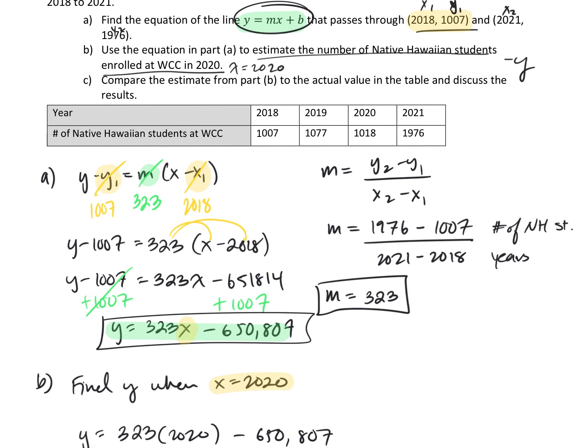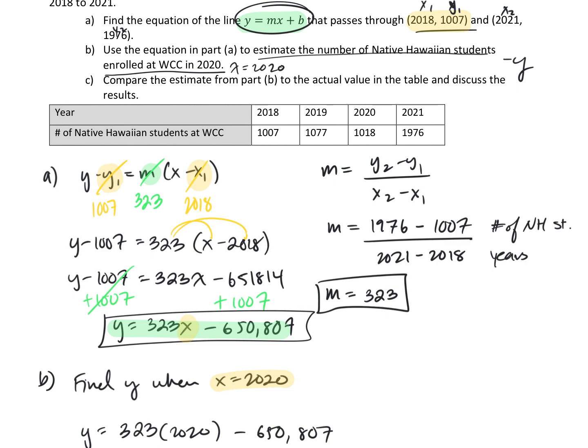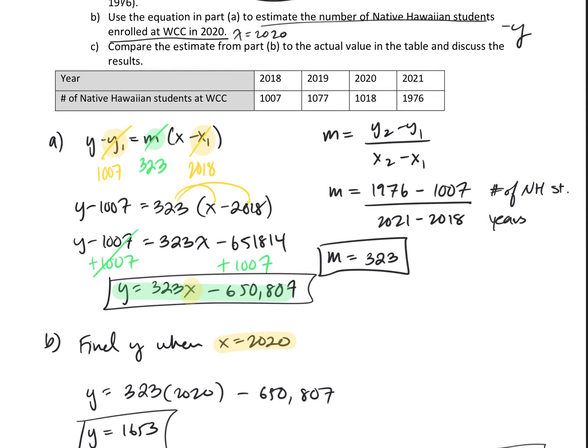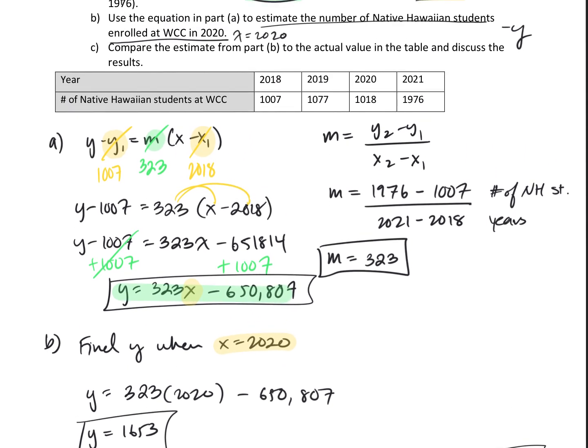All right, I'm chugging along. Part C, compare the estimate to the actual value and discuss the results. So this is our estimate based on two different numbers we used to create an equation. What was the actual value given by the table? In 2020, it was given as 1018.